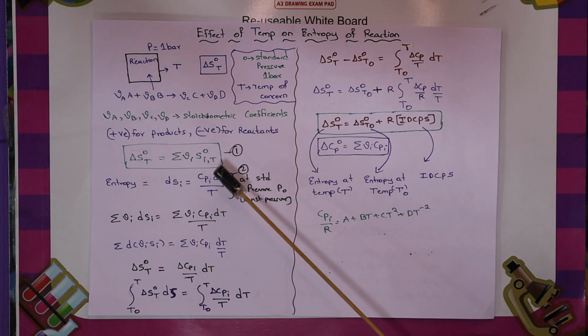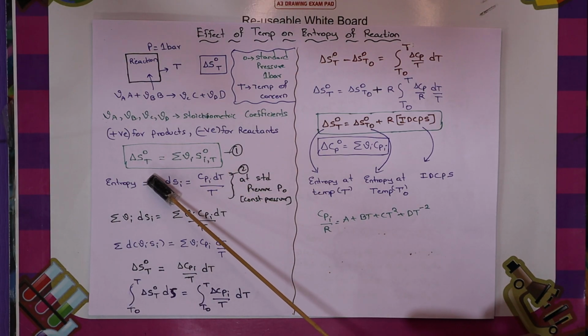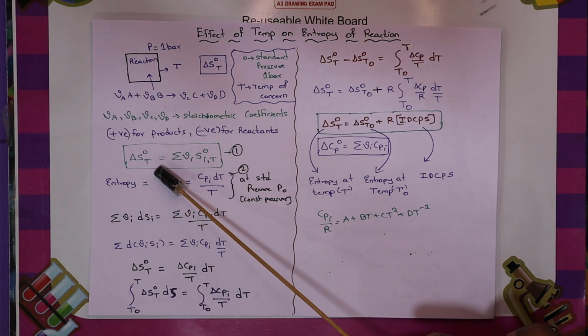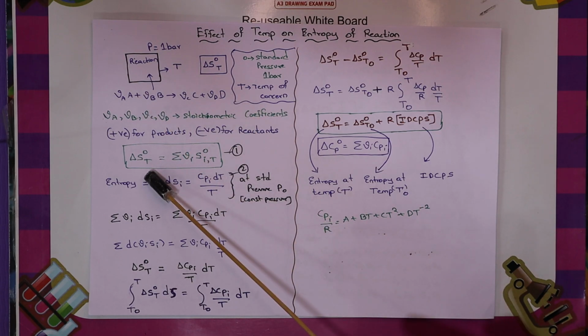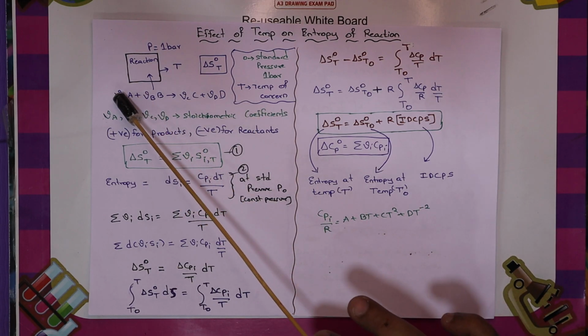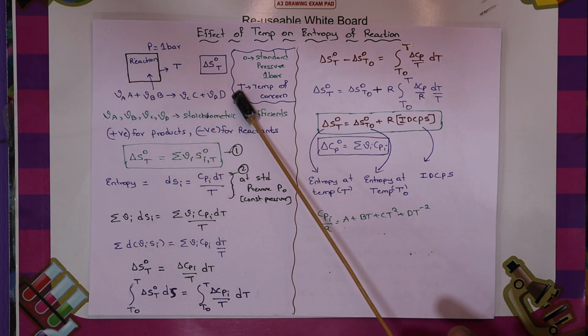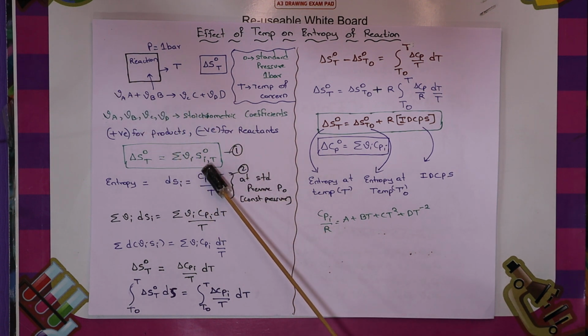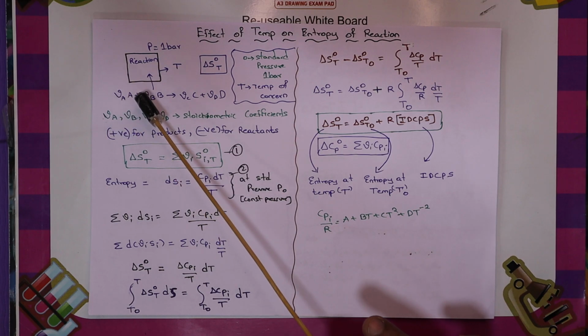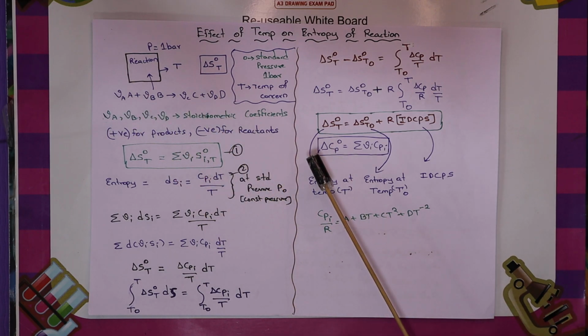And once you have done it, the change in entropy for this particular reaction at a temperature T is a summation of all the entropies of the 4 components. It is sigma nu i into S i degree at T. Nu i denotes the stoichiometric coefficient of the specific molecule you are discussing. S i denotes the entropy of a different molecule involved in the reaction.